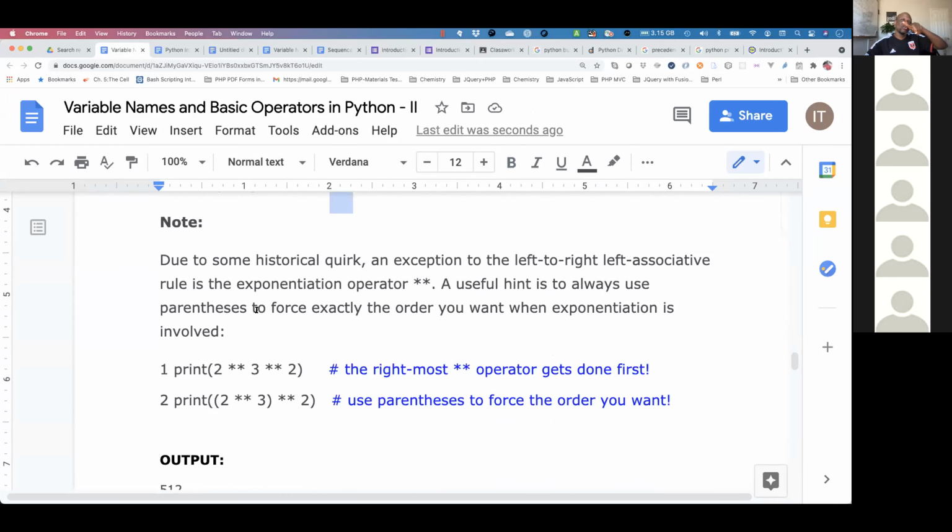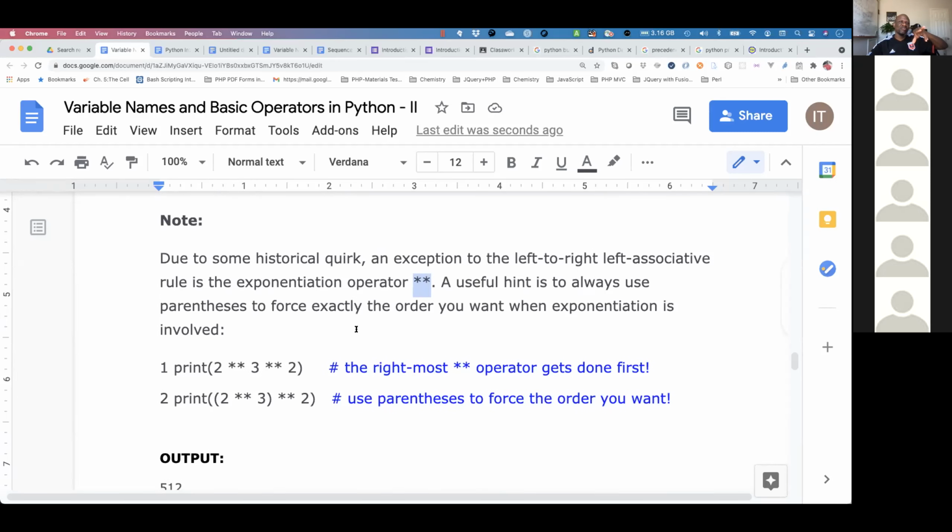Due to some historical quirks, an exception to the left to right, left associative rule is the exponential operator. A useful hint is to always use parentheses to force exactly the order you want when exponentiation is involved.